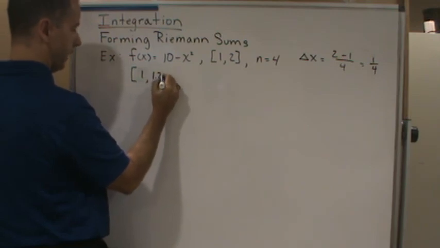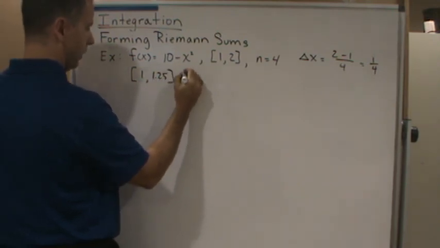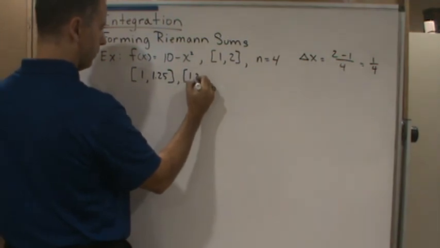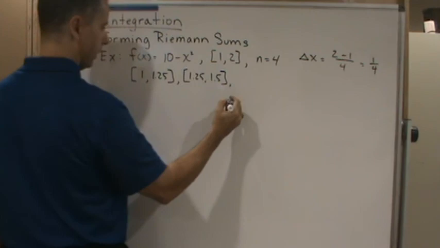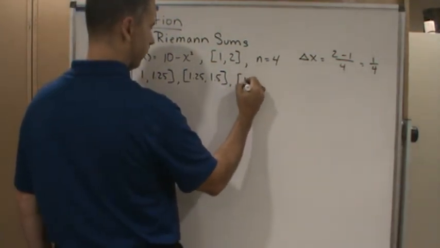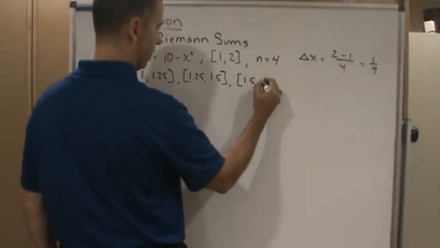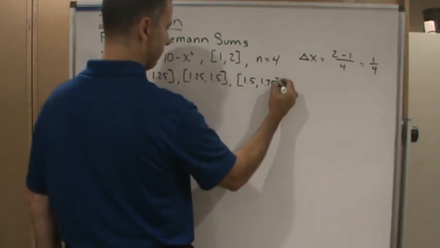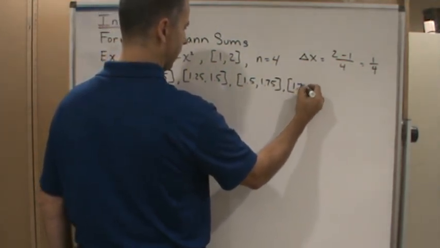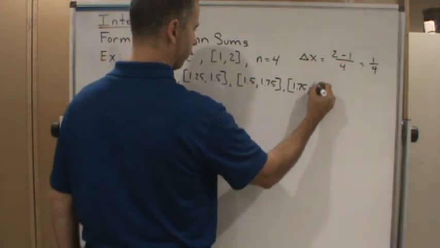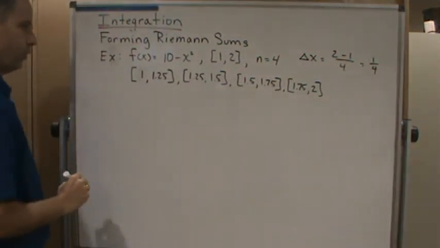Okay, so 1.25. And then we're going to go from 1.25 to 1.5. And then the next one is going to go from 1.5 to 1.75. And then finally the last one goes from 1.75 to 2. Okay, so there are 4 subintervals.